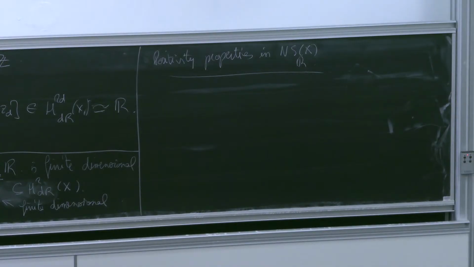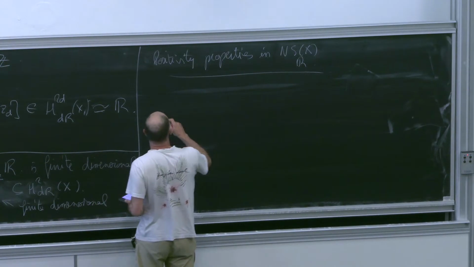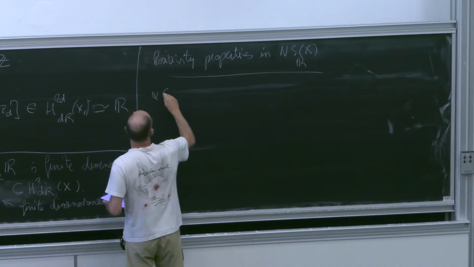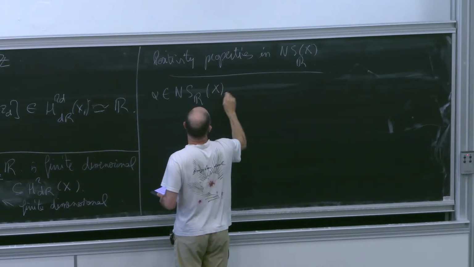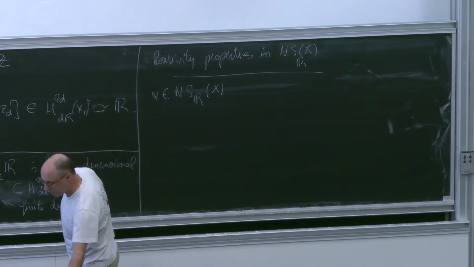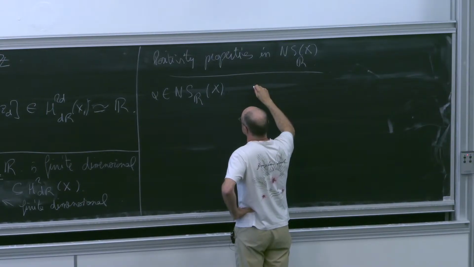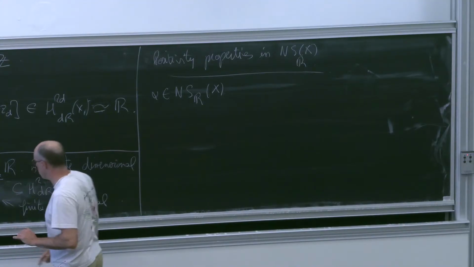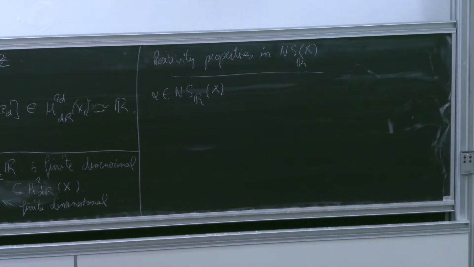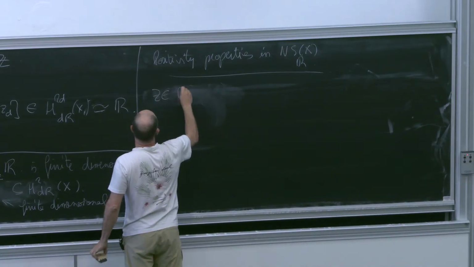Okay, so there are two basic notions of positivity properties. The way I want to say it is like this. Suppose Z is a divisor.